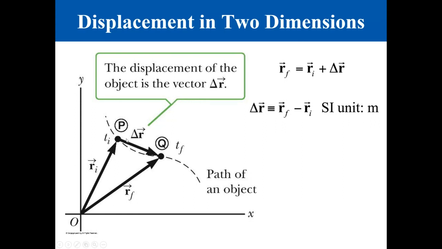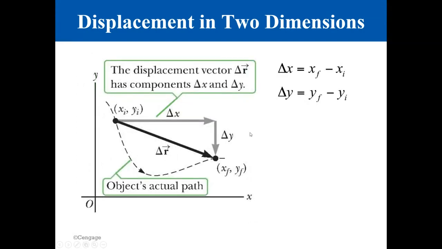Now, from what we learned in chapter 1 for the addition and subtraction of vectors, from this triangle of the three vectors, delta r is equal to Rf minus Ri. So this is the displacement. Delta r is the displacement vector because it connects the original position with the final position.